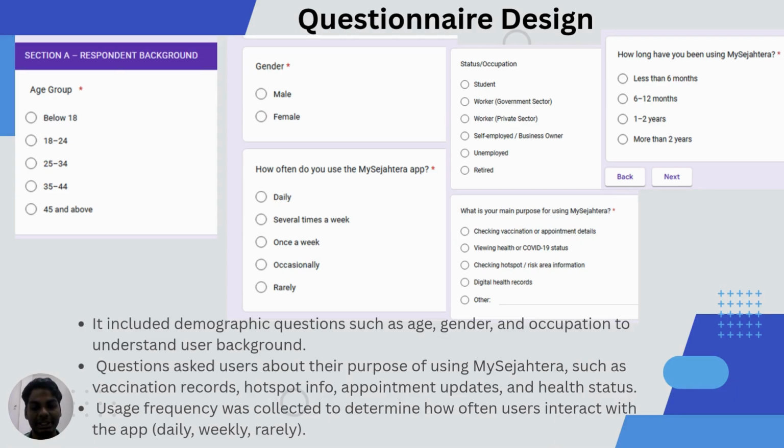Other questions ask users about their purpose of using MySuggestor, such as vaccination records, hotspot info, appointment updates, and health status. Usage frequency was collected to determine how often users interact with the app, daily or weekly.